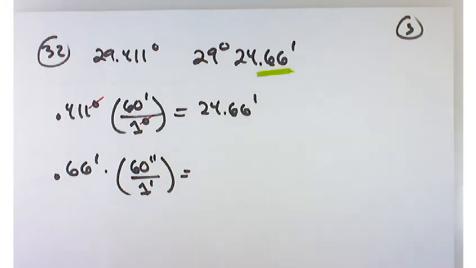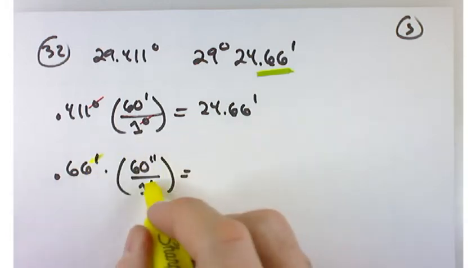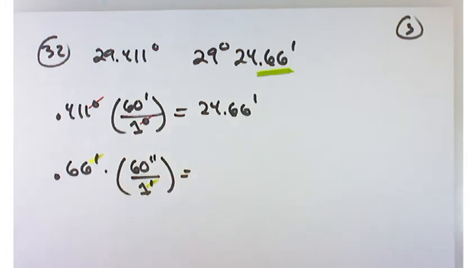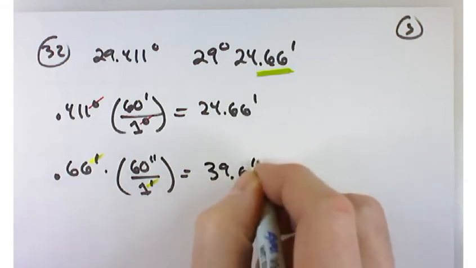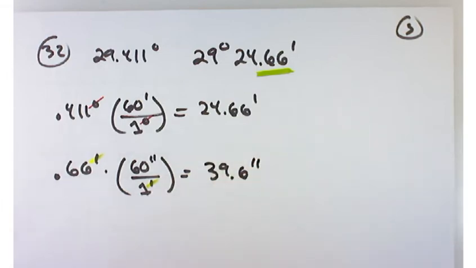And then, quite predictably, units of minutes are going to cancel each other out. So 60 times 0.66, I'm thinking 39.6. Is that right? Thank you. 39.6, and that's in seconds.